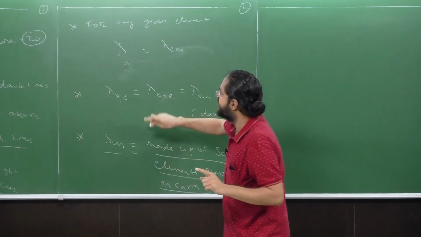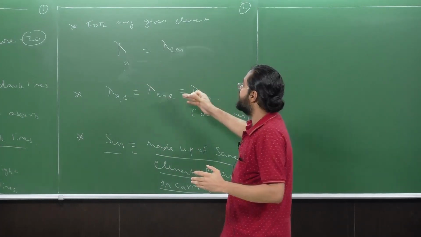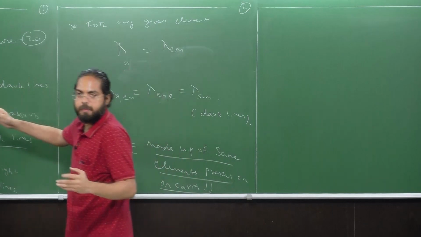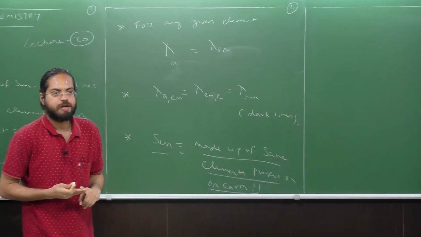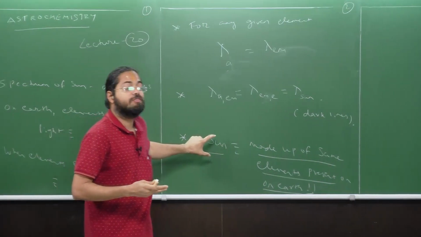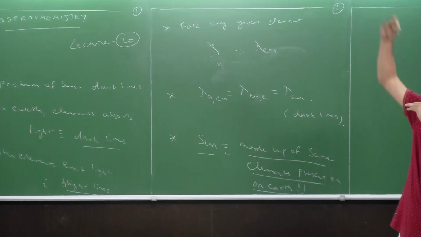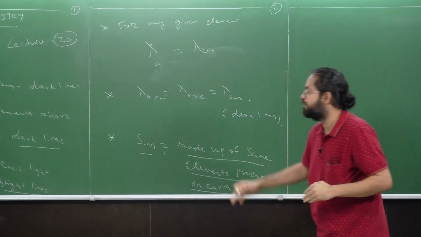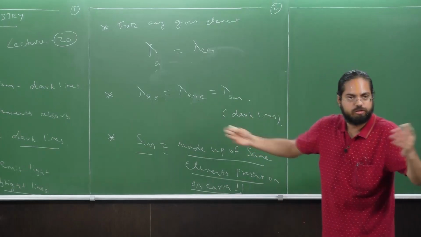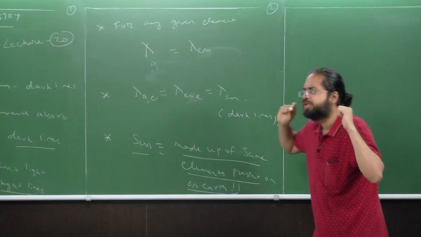By recording the spectrum of the sun and matching the lines with the elements present on Earth. Are we good? So this is a very important observation, and it tells you that even in the celestial bodies, you have the same elements that are present on Earth also. This is an exceptionally important observation.